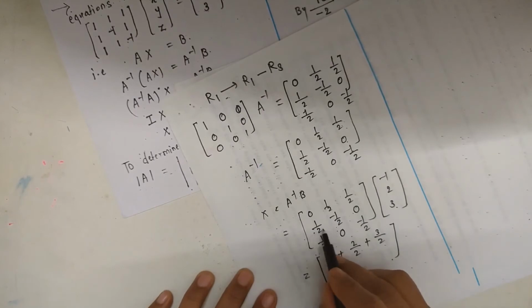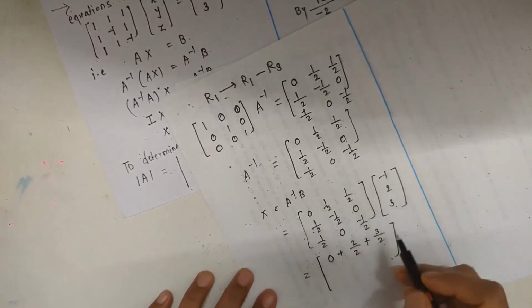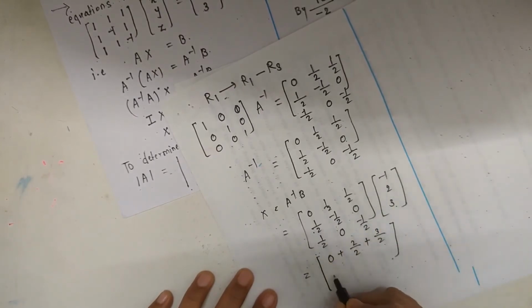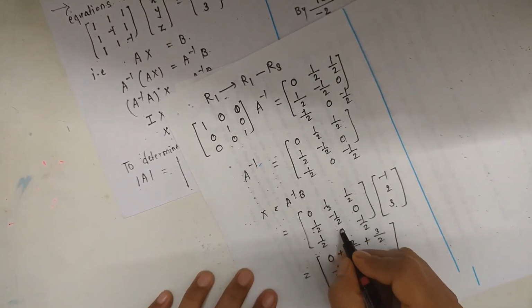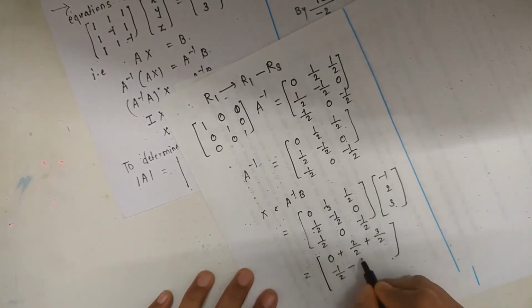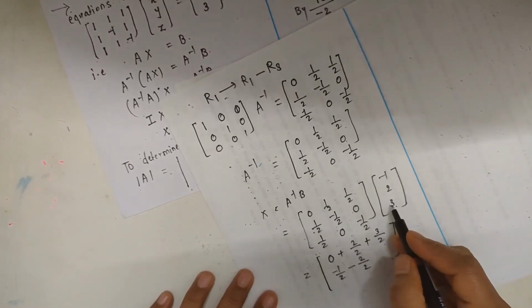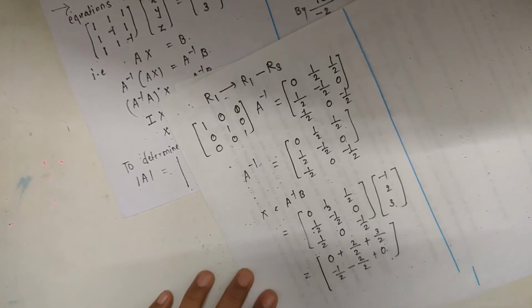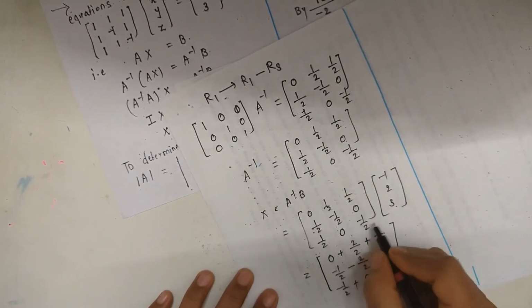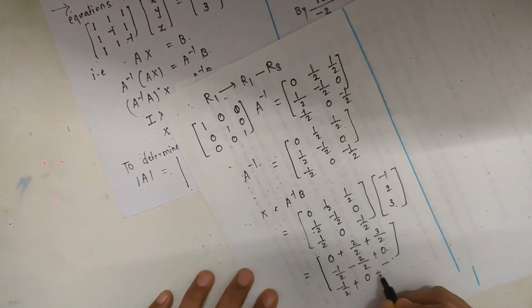Now the second element, second row and first column: 1 by 2 into minus 1, minus 1 by 2, minus 1 by 2 into 2, minus 2 by 2, and 3 into 0, plus 0. Now the third row into first column: 1 by 2 into minus 1, minus 1 by 2, plus 0, minus 1 by 2 into 3, minus 3 by 2.